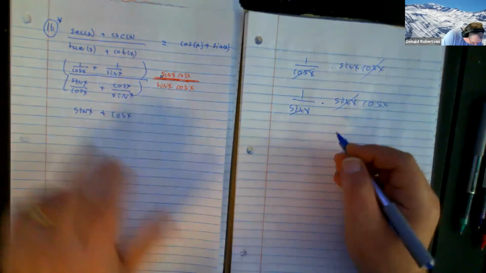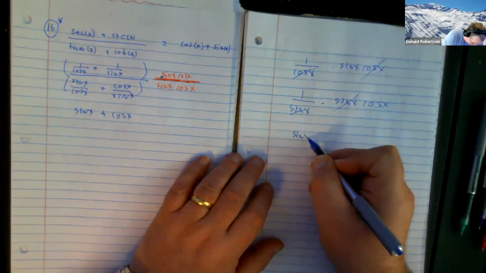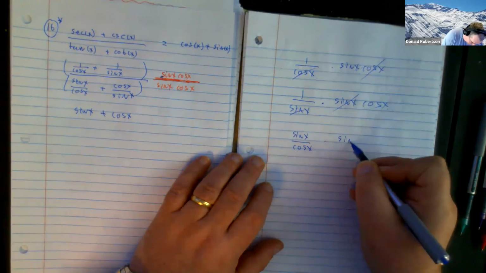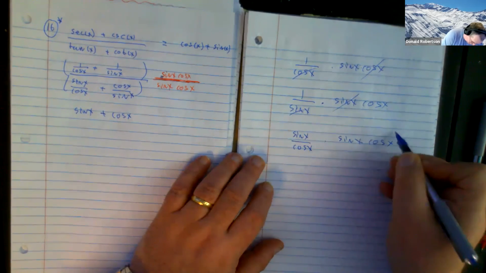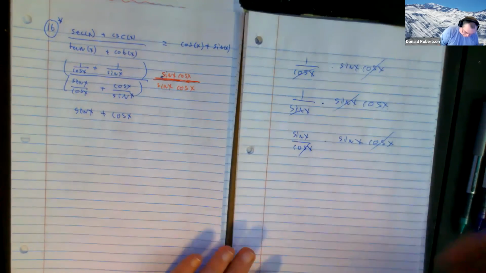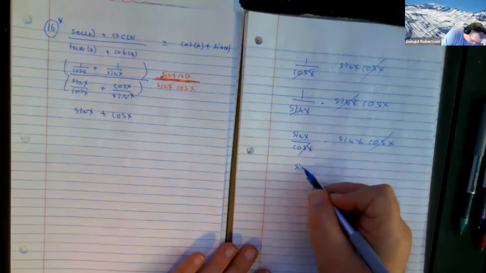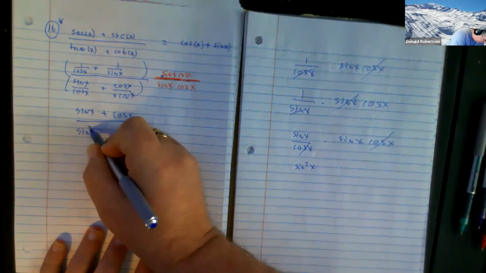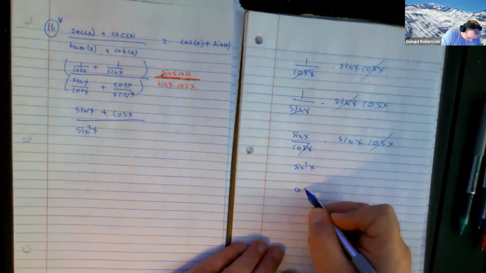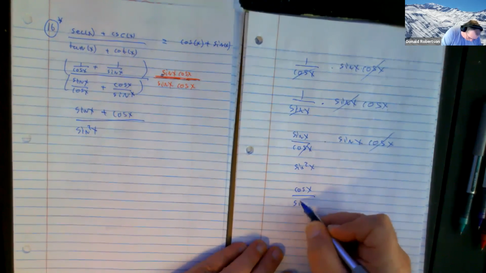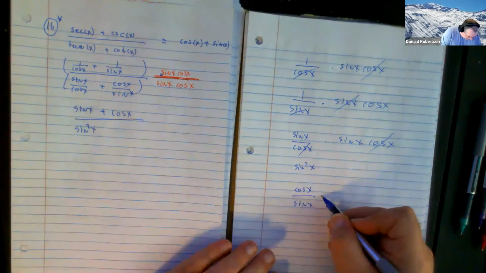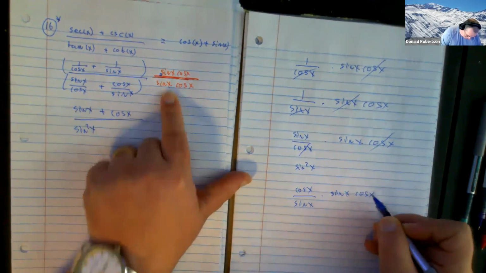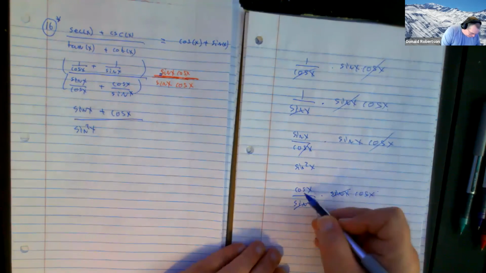Now, if you take this fraction, which is sine x over cosine x, and you multiply it by sine x cosine x, the cosines cancel, but aren't you still left with the sine squared? And if you take the cosine x over the sine x, which is this term, and you multiply it by a sine x cosine x, the two cancel, and you have a cos squared.